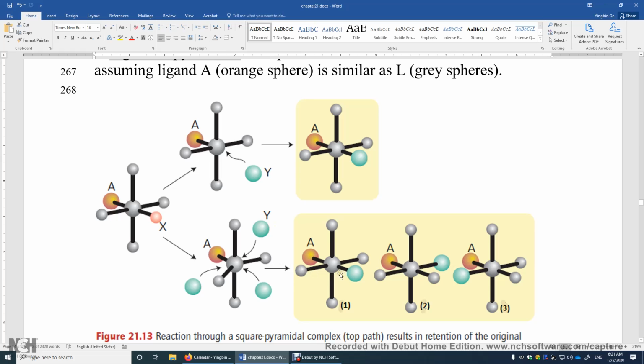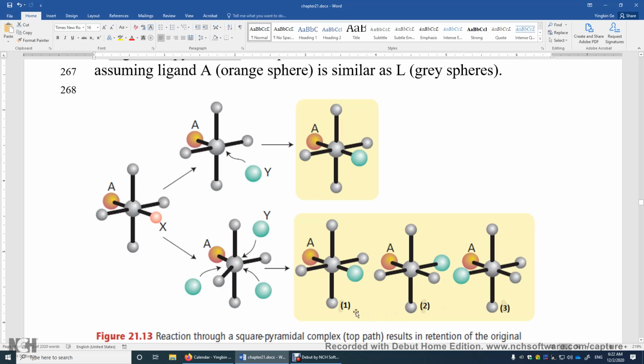Okay? But what if this Y attacks the metal between this orange A and this gray? The final product will be cis, like this. This Y can also attack the metal between this orange A and the other gray sphere here. It's still going to be a cis. All right.